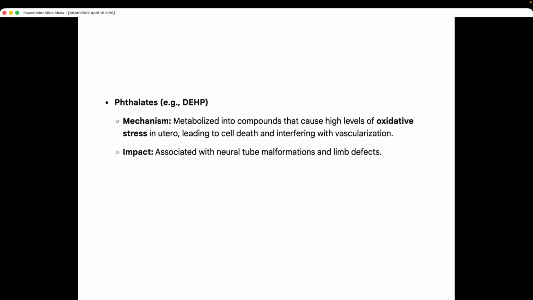BPA and phthalates are both in plastic, and they don't need to be there. They're just added to plastic to give it a different performance characteristic. The traditional view is that BPA affects the estrogen receptor, and phthalates affect the testosterone receptor. But now people are finding more and more that it's oxidative stress that's a big problem with phthalates.